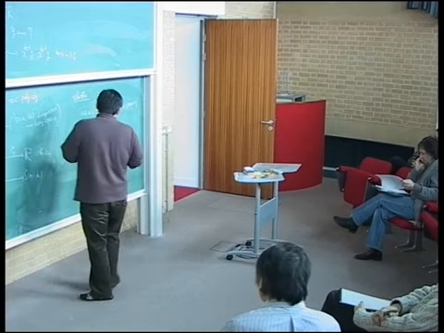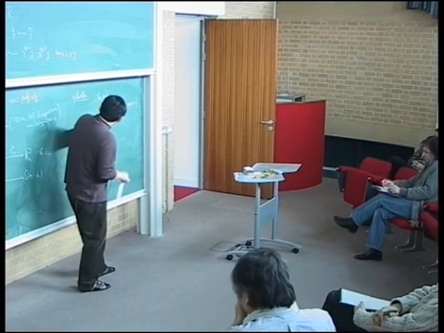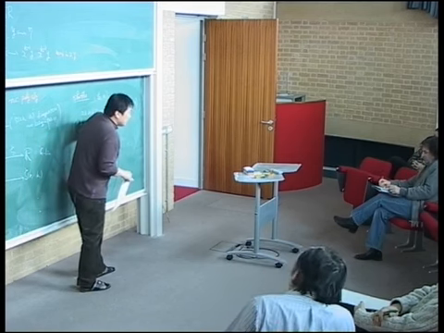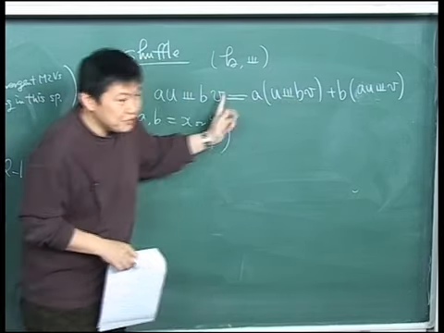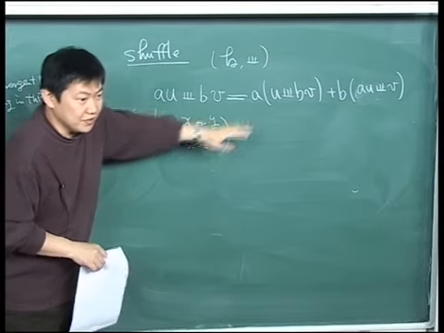That makes sense. The shuffle product on the right-hand side has smaller depth, so inductively we can define the product of this sequence.